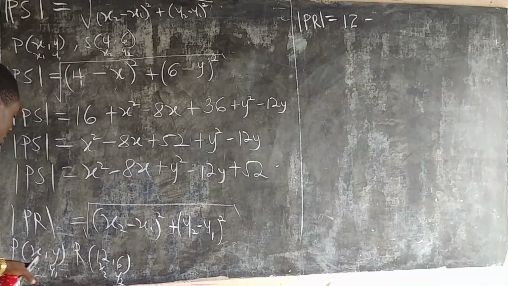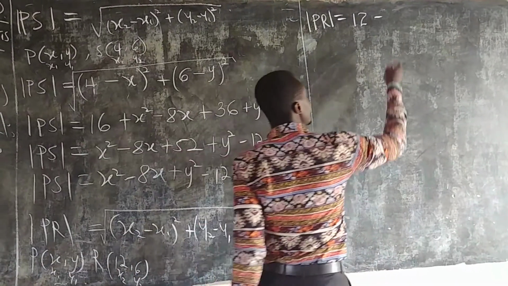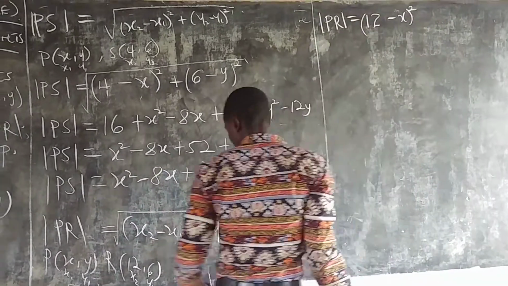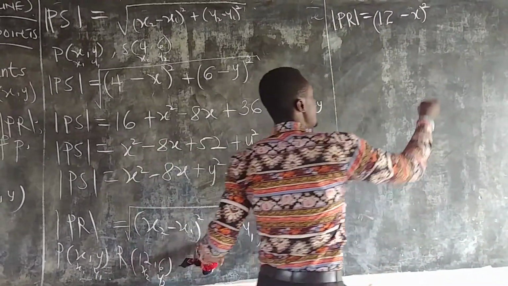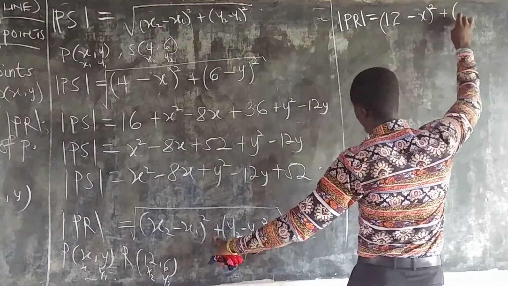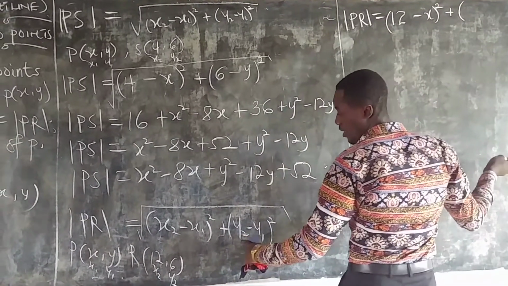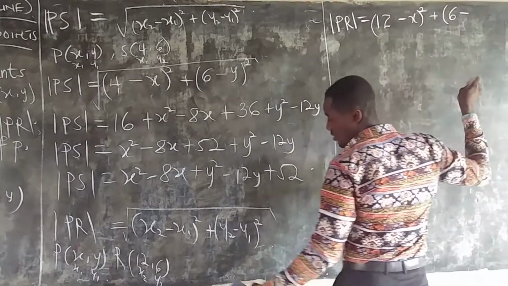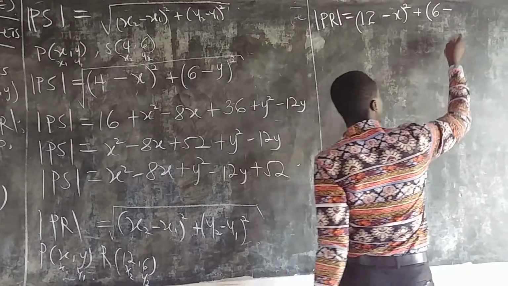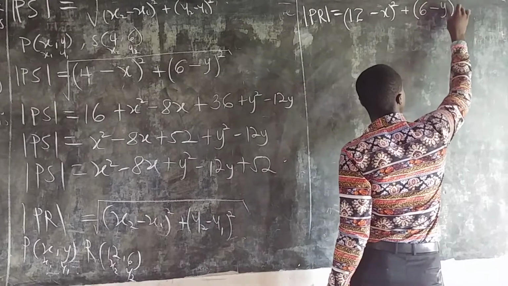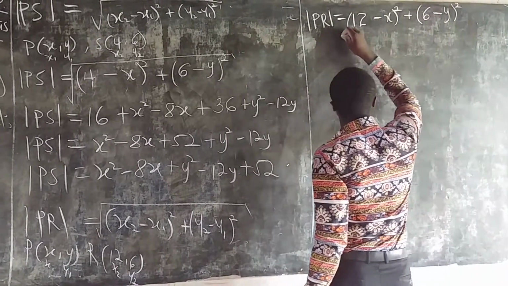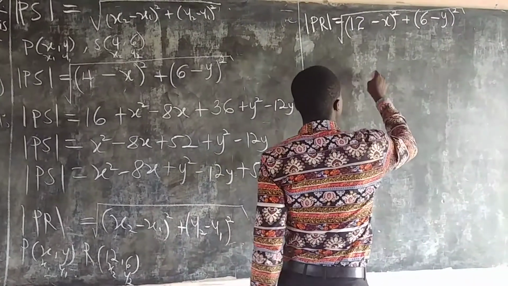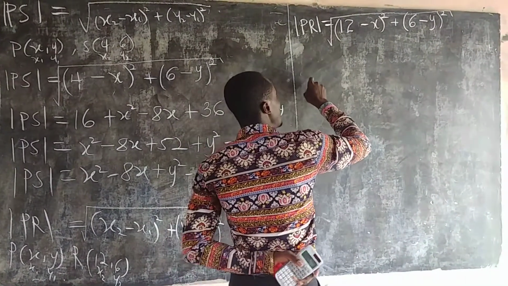So 12 minus x, then you square it, plus y2. Our y2 is 6 minus y1, which is y, and then you square it, all under the root. Very good. So let's expand the binomial term.